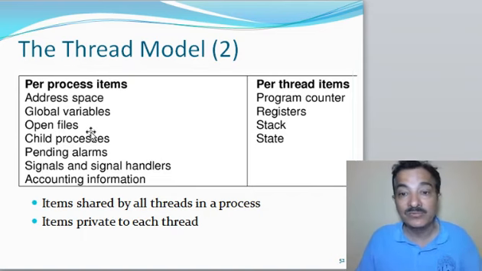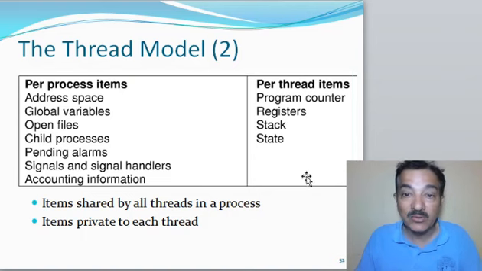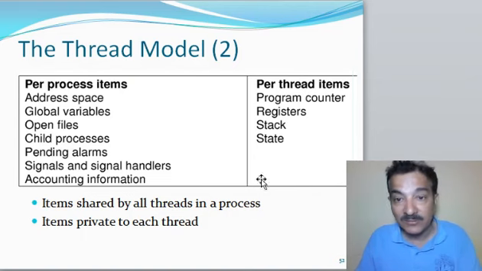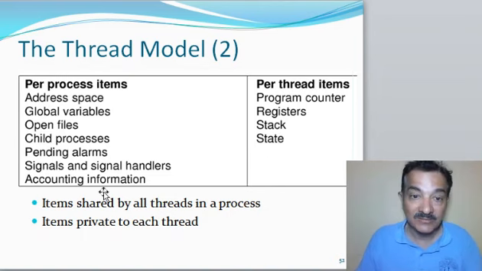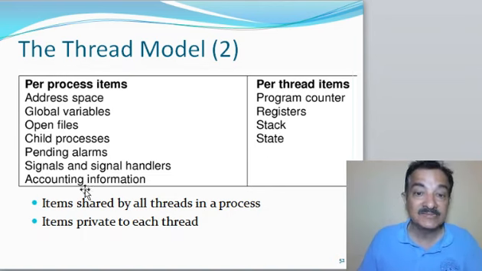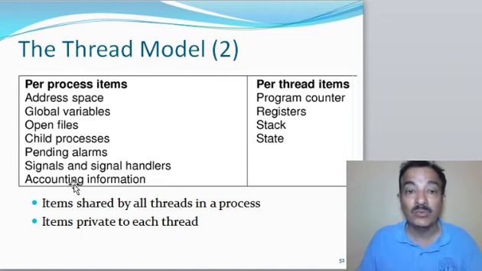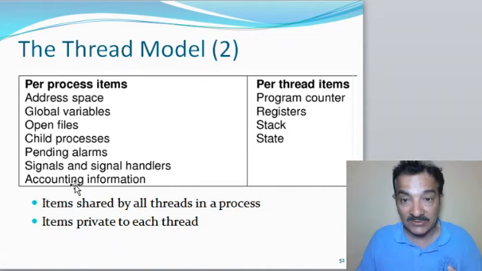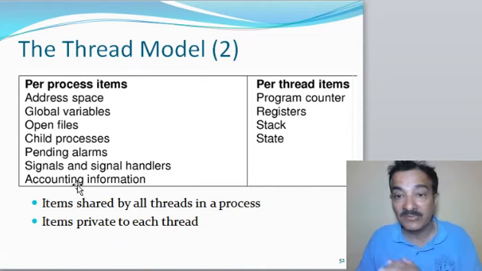All the open files can be used by all the threads of the process. The child processes of the process can also be used by all the threads. The pending alarms, signals and signal handlers, and accounting information are only one for the process, and are not repeated for each thread.